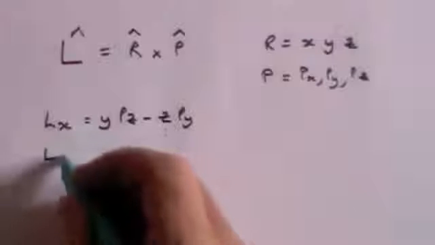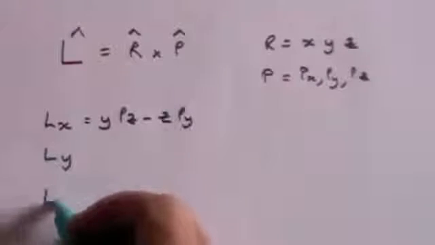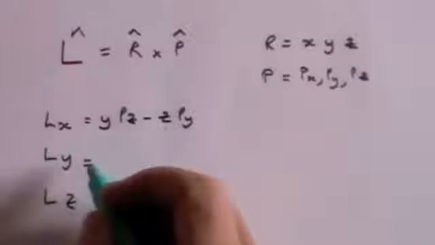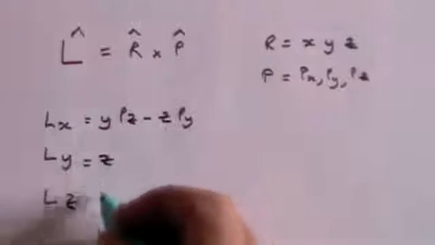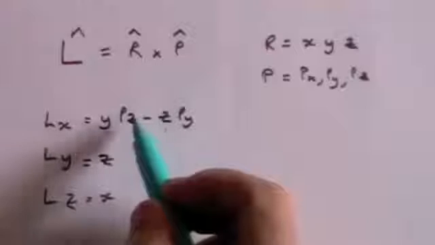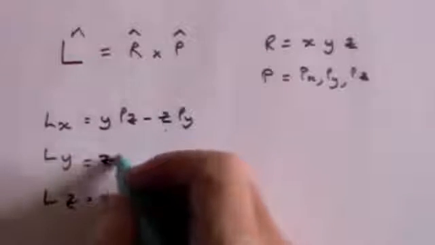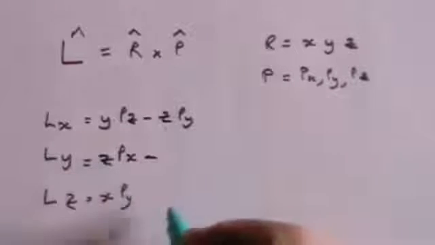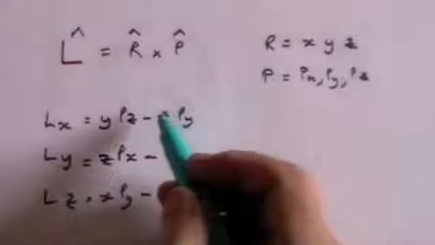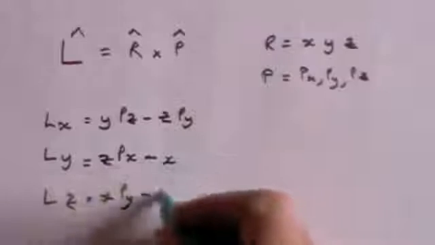So Lx, next one is y, Lz equals, and now cycle from y, so that's going to be yzx. Here you're going to cycle from z, so that's going to be px, py. The minus terms are always the same. Cycle from z, you get x, y.